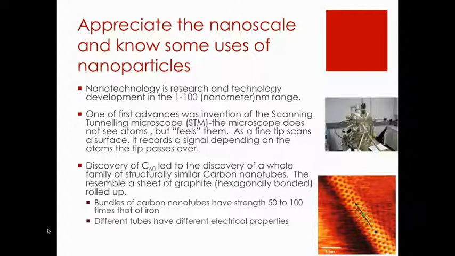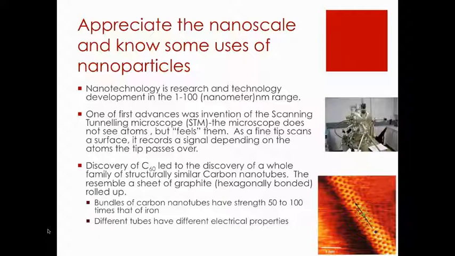One of the first advances that allowed us to look at this nanoscale was the scanning tunneling microscope. It's not like a normal microscope. It doesn't see atoms, but it feels them. As a fine tip scans a surface, it records a signal depending on the atoms the tip passes over.